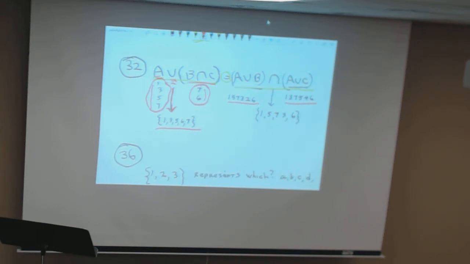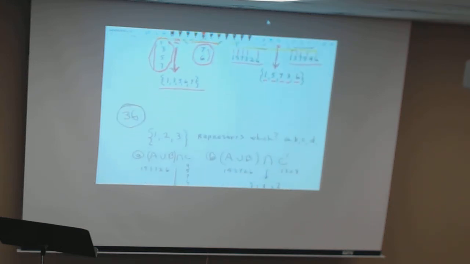And what's the intersection of those two sets? Well, it would be a 1 and a 5 and a 7 and a 3 and a 6. Everybody see what I'm doing? Good. Any questions?